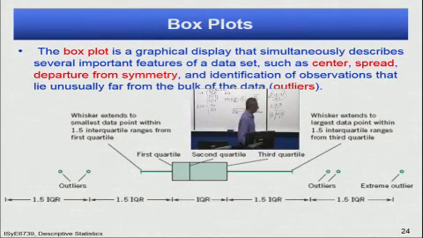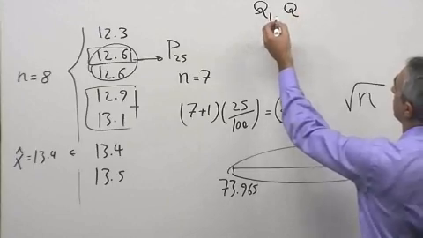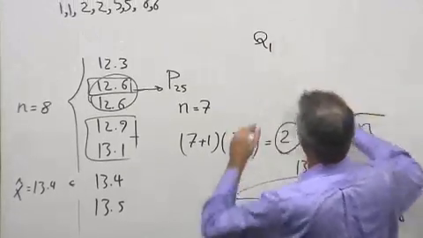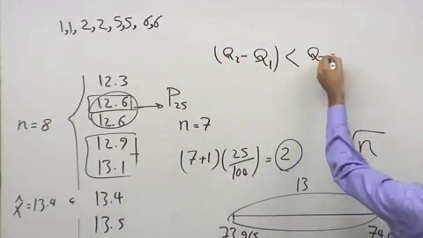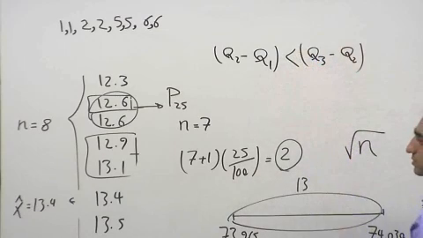Exactly. If it's evenly spaced, that's simple. So if the distance between Q1 and Q2 and Q3 is the same, then you have symmetric. So, put it this way, if Q2 minus Q1 is less than Q3 minus Q2, okay, so then what? Is it right skewed or left skewed?